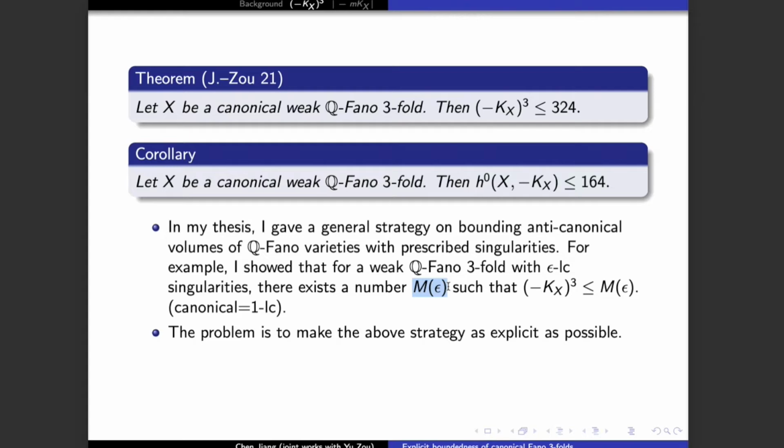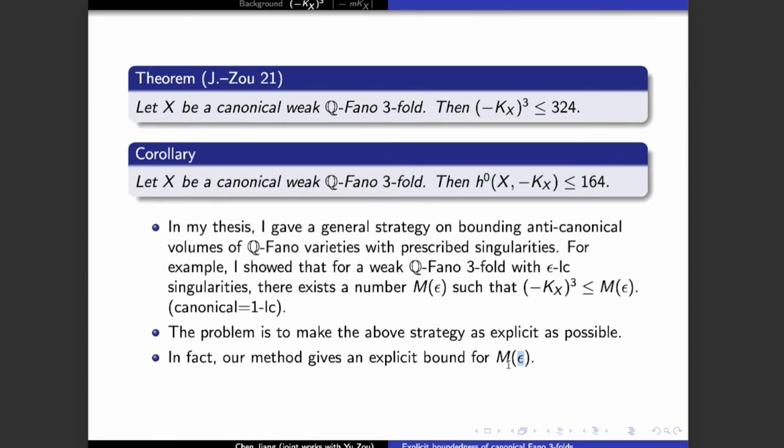Also, by the same strategy in the same paper, we can give an explicit bound for this m_epsilon, depending only on epsilon, but not as good as 324, since we also use some special property of the canonical singularities.